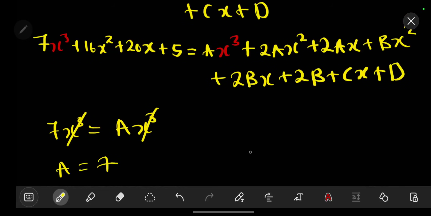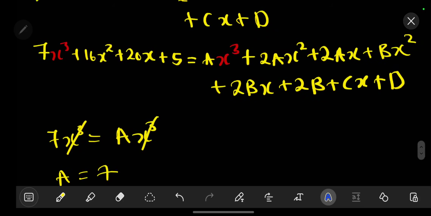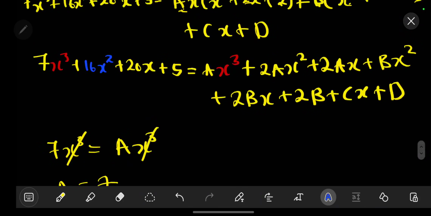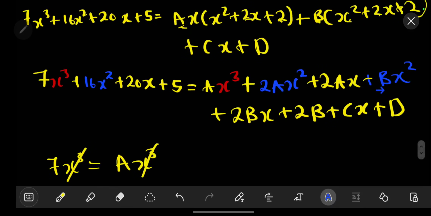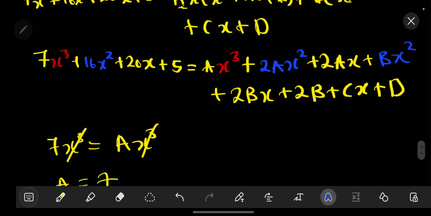So same approach, we are going to also compare other things. So the other terms that we are going to compare with are the one with 16x squared. It should be equal to all the terms that have got x squared like that. So all the terms that have got x to the power 2 shall be equal.